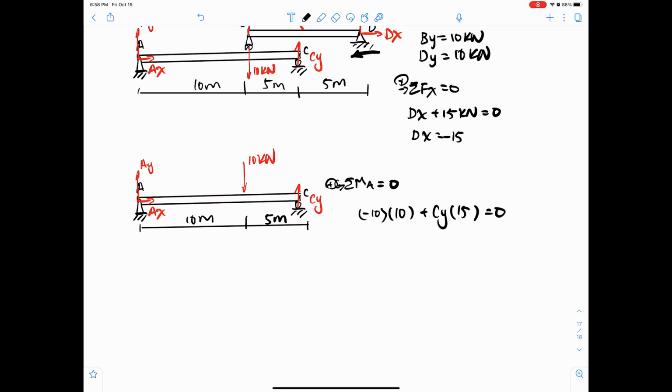So that's 100 divided by 15, which nets you Cy equals 20 over 3, or roughly 6.67 kilonewtons.